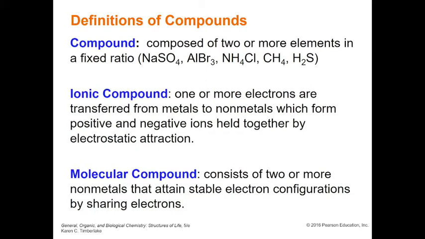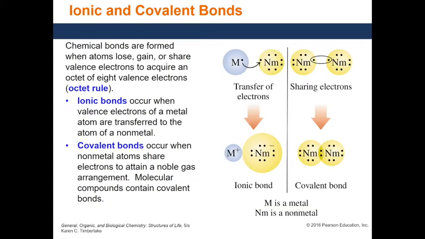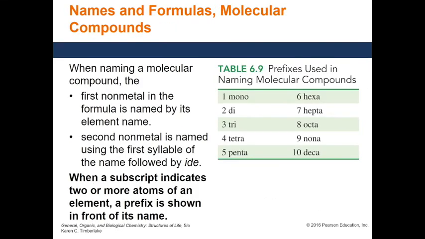Alright, so by definition, molecular compounds are the ones that consist of two or more non-metals that can attain a stable electronic configuration by sharing of electrons. So how do we write the name and formula for a molecular compound?